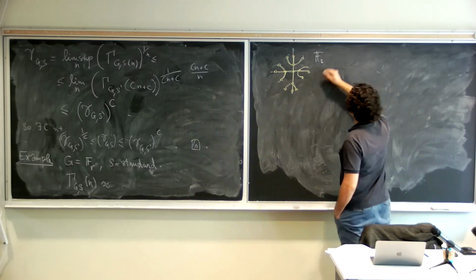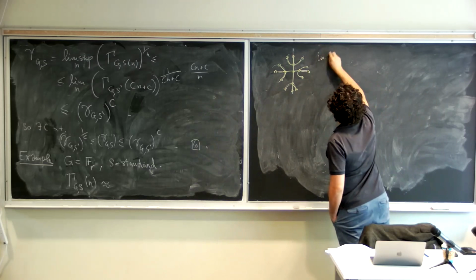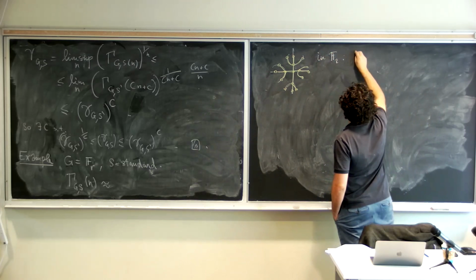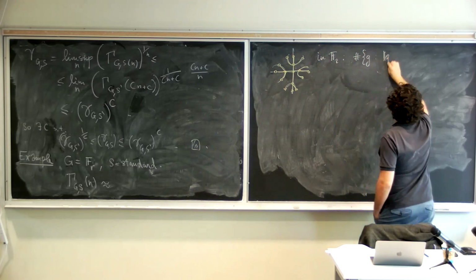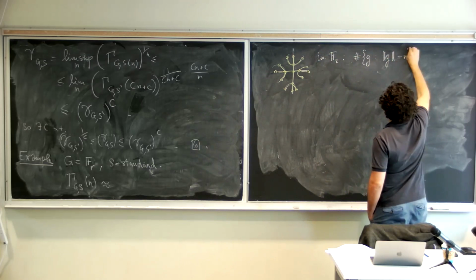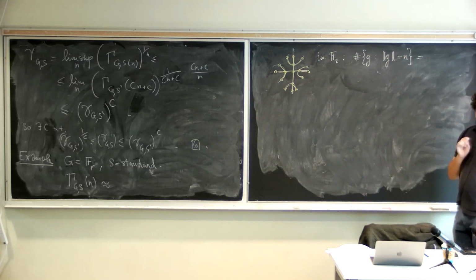In F2, the number of elements with length exactly n is what? What kind of tree is this?